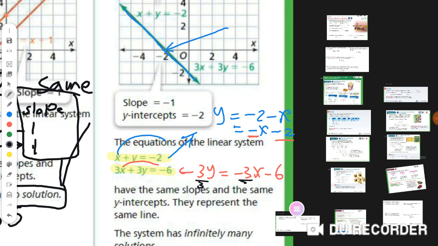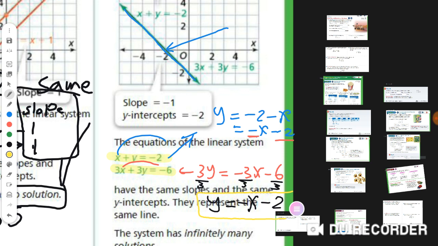So I have now at the end, y equals -3 divided by 3, -1, so -1x should be -x directly. Okay? And -6 divided by 3, -2, sorry. Okay?